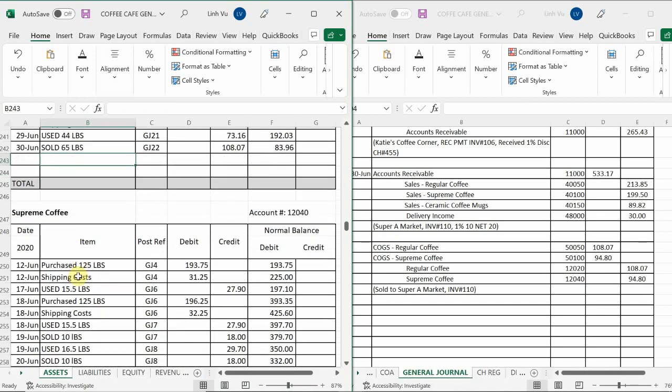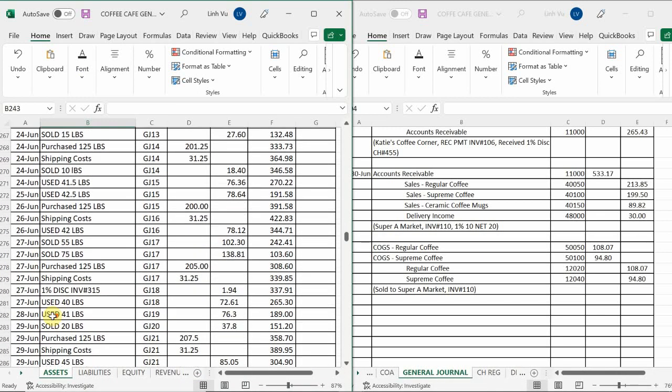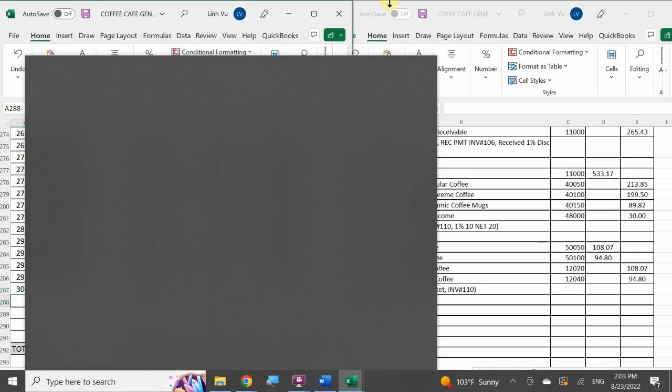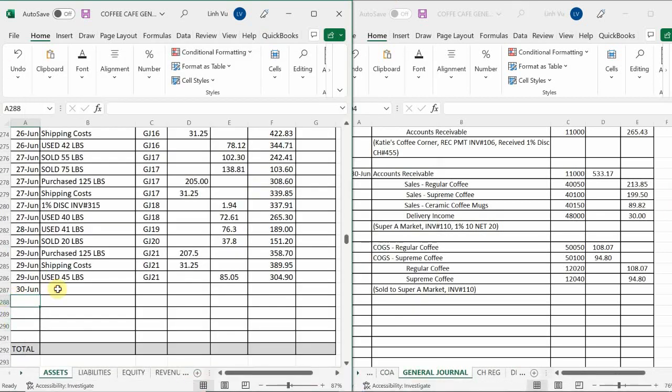Okay. Last but not least, my Supreme coffee. We sold the 50 pounds on page 22, and $94.80.